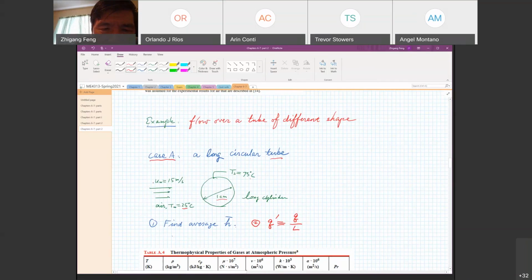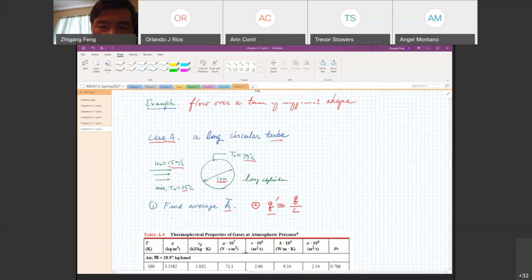Flow velocity 15 meters per second, temperature 25 Celsius. The surface of the cylinder has a high temperature at 75 Celsius. Now we assume the diameter is 1 centimeter. It's a long cylinder, and we want to determine the average heat transfer coefficient as well as the heat transfer rate per unit length.